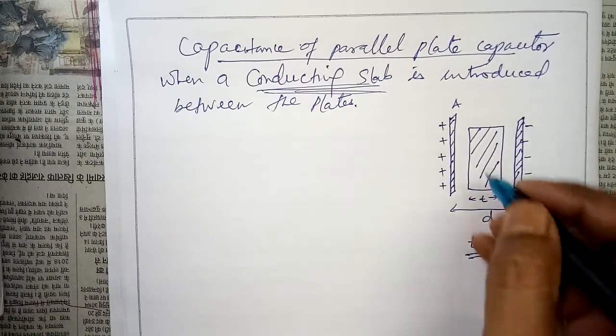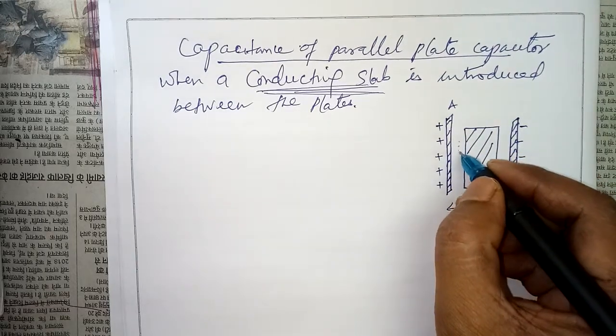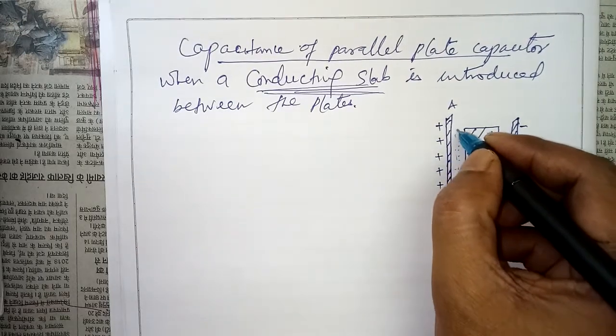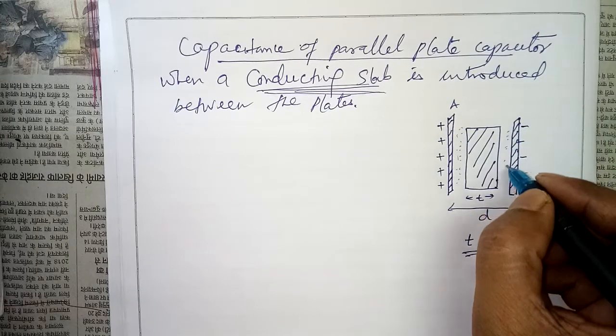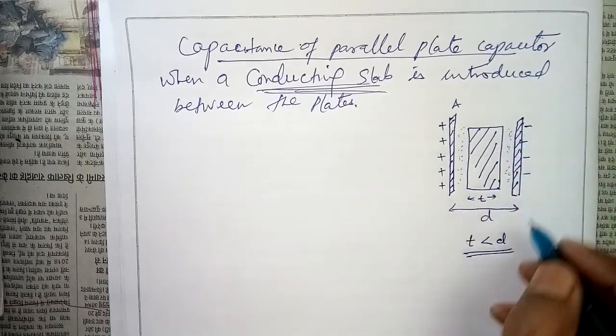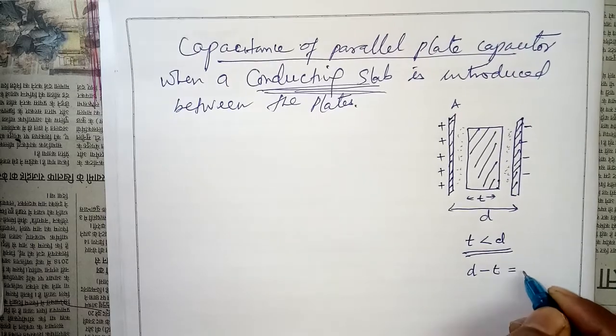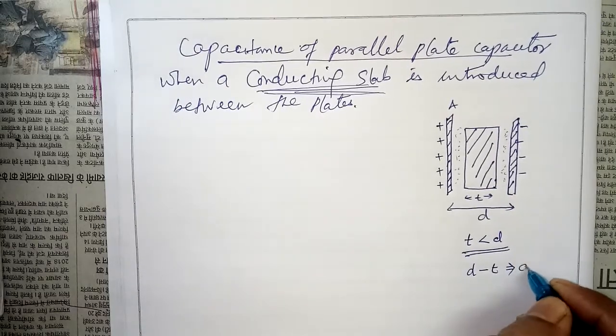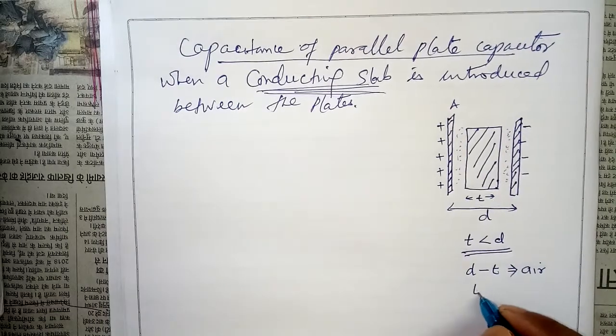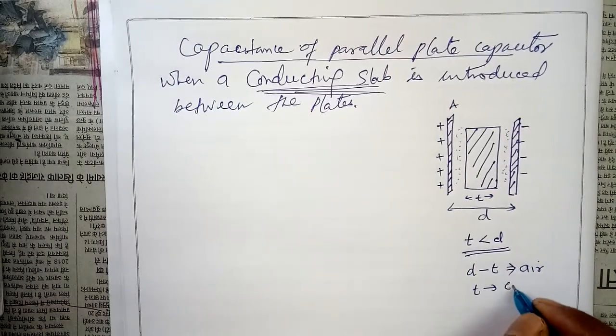So here we have two regions. One is filled with air, and it occupies the space D minus T, and the T space is filled with the conducting slab.